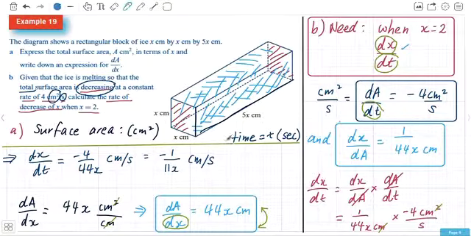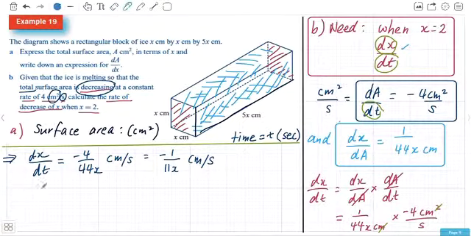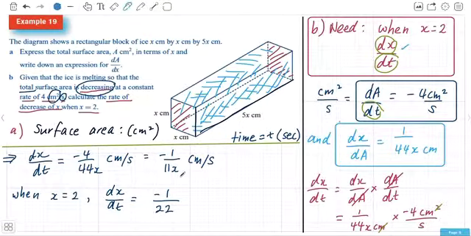Now it's worth looking back at what you needed. You can see here you need to know the rate of decrease of x when x is equal to 2. So we know the rate of increase or decrease of x, but we need it particularly when x is equal to 2. So when x equals 2, we have the change in x with respect to time is -1 on 22, 2 times 11 centimetres per second.